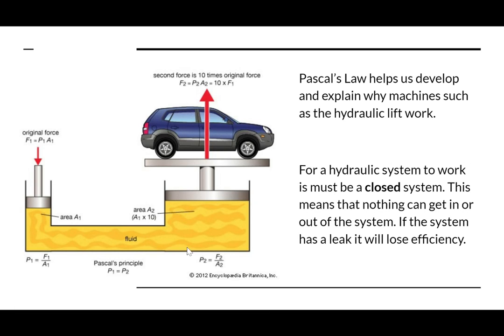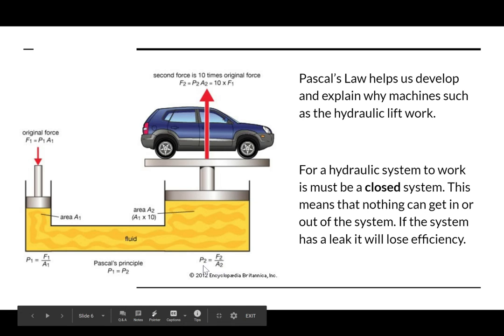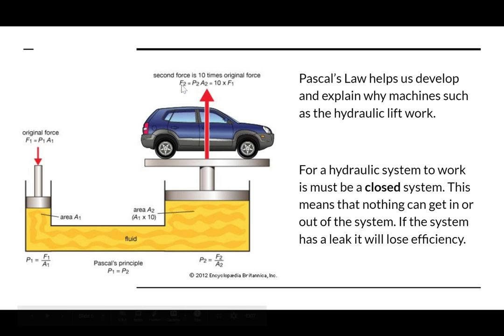So our pressure remains constant, but our area has now increased by 10, so the area is multiplied by 10. Pressure 2 is equal to F2 over A2. So F2 is equal to pressure 2 times area 2, which is equal to 10 times the force F1. So the second force is 10 times the original force.